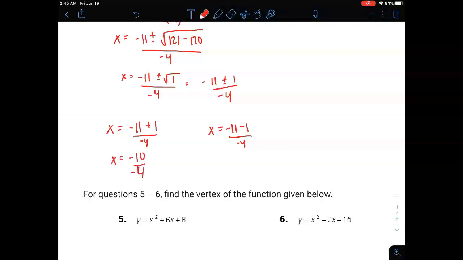Negative 10 over negative 4, also known as positive 2.5, or x equals negative 12 divided by negative 4, which equals positive 3. So those are my two answers: x equals 2.5 and x equals 3.